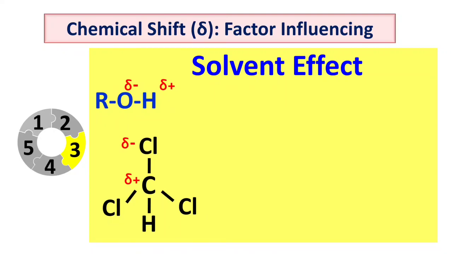Chlorine has a partial negative charge and carbon has a partial positive charge, and because of that polar nature, the alcohol and CDCl3 now develop a secondary interaction in which the hydrogen of alcohol is linked with the chlorine of CDCl3 via hydrogen bonding.